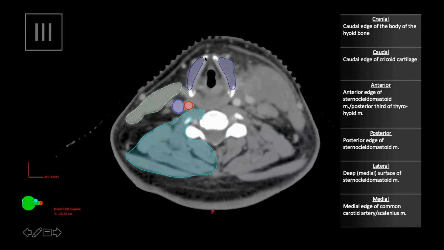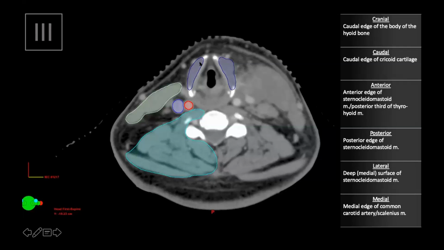However, the muscle that is attached to the thyroid is the thyrohyoid, and the muscle more anterior to it, the bulge that you can see over here, is the sternohyoid. The sternohyoid runs all the way from the hyoid to the sternum. So it's sometimes possible to trace it down from the sternum, come cranially, and maybe you can see that bulge of sternohyoid.